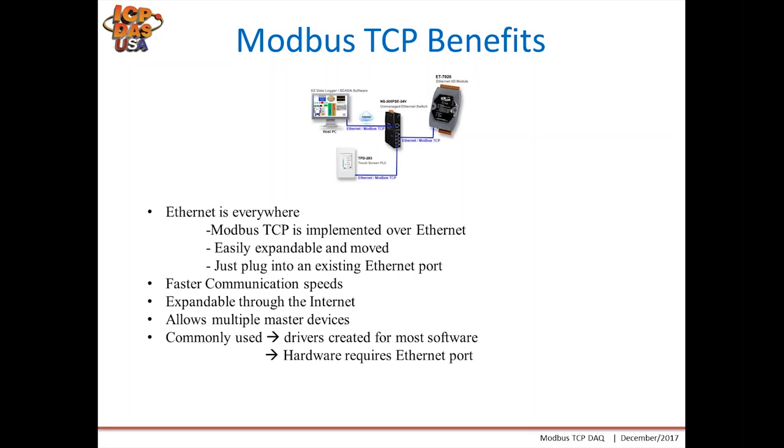And it is very commonly used, so there's drivers for most software and hardware out there, like PLCs and controllers and data loggers. And hardware that's required for this is only an Ethernet port, which most computers, PLCs, and data loggers have built in.